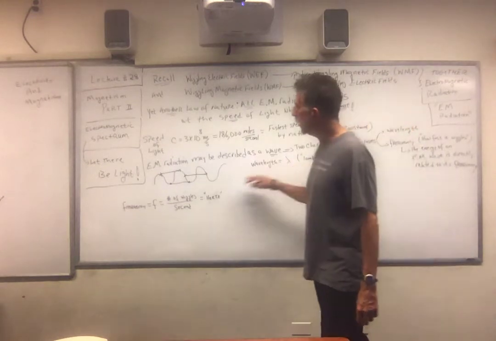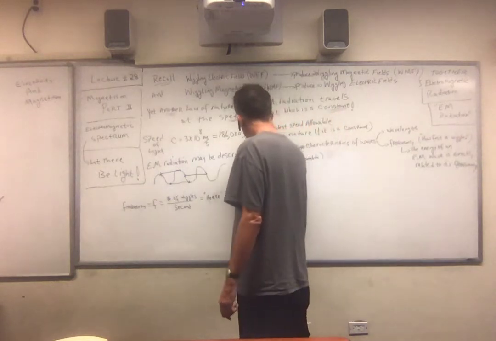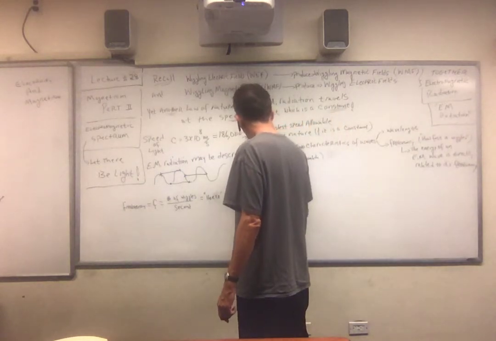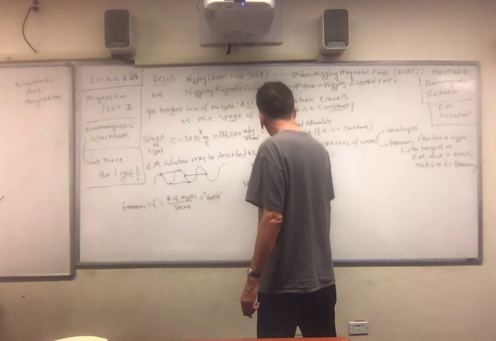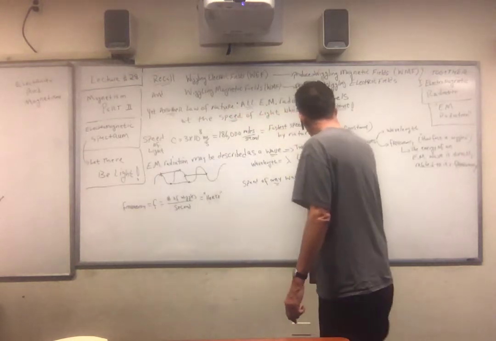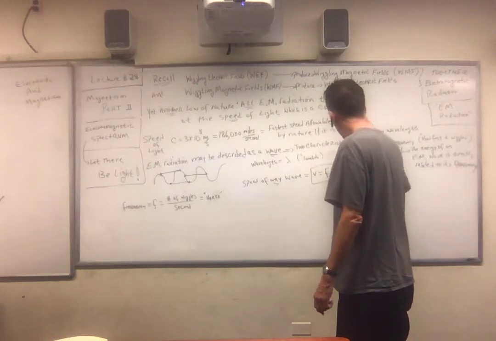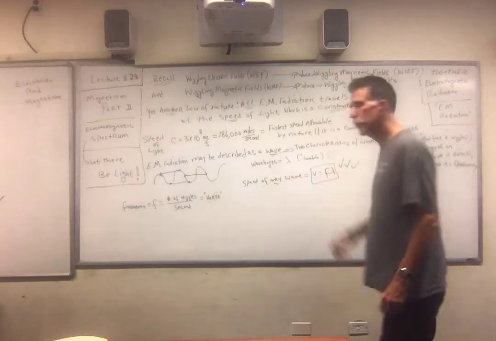Now, the frequency and the wavelength are related to the speed of a wave. Watch this: the speed of any wave is v equals the frequency times the wavelength. Any wave.